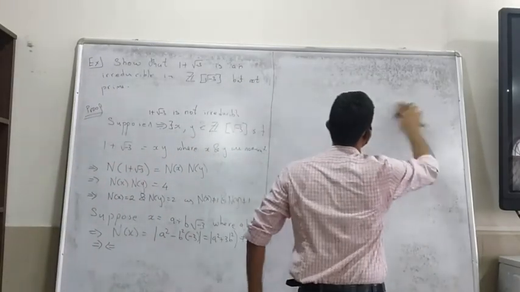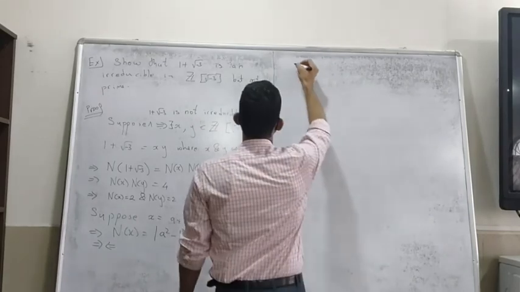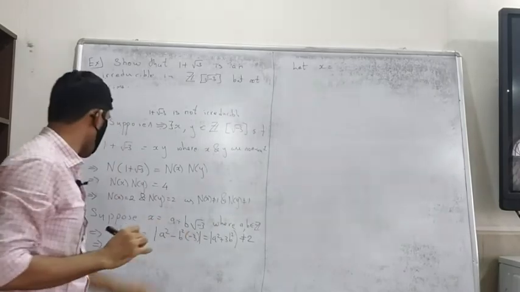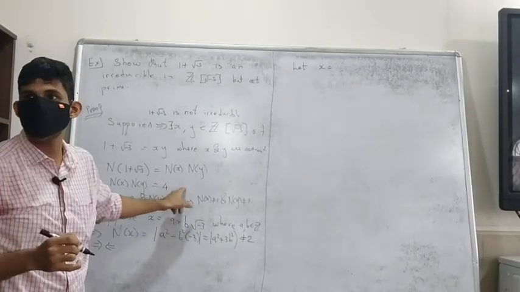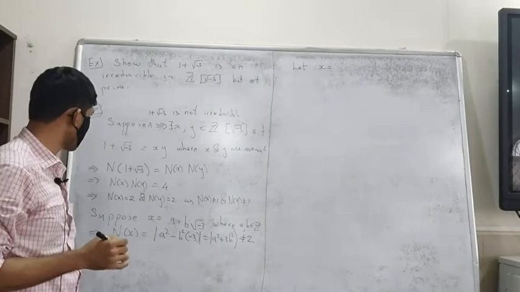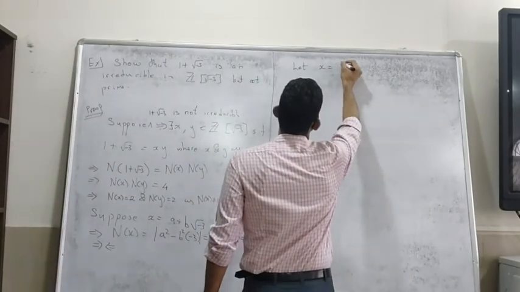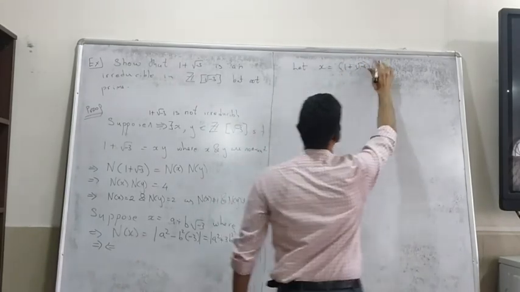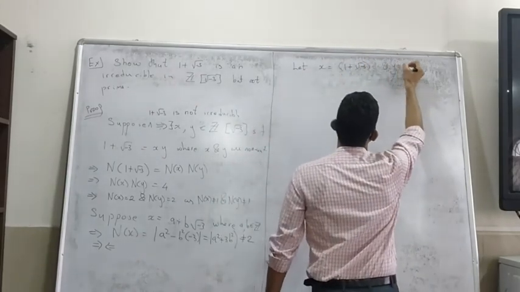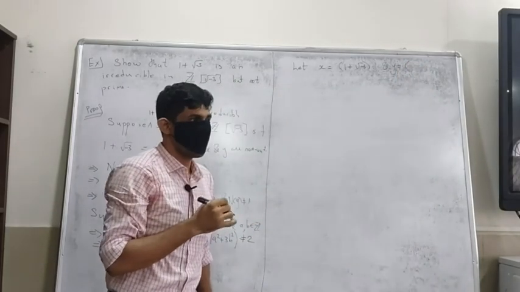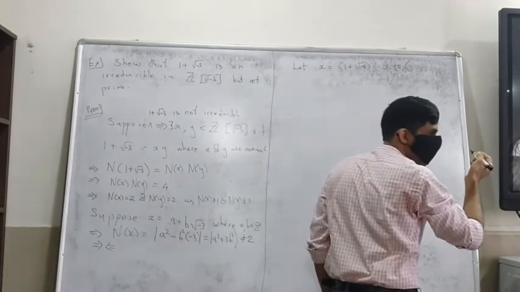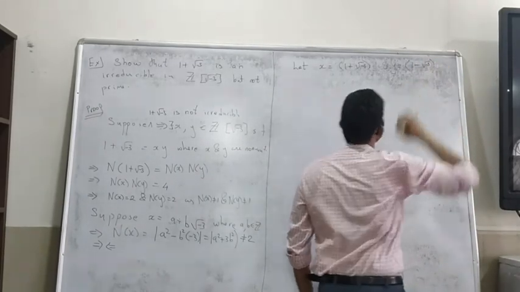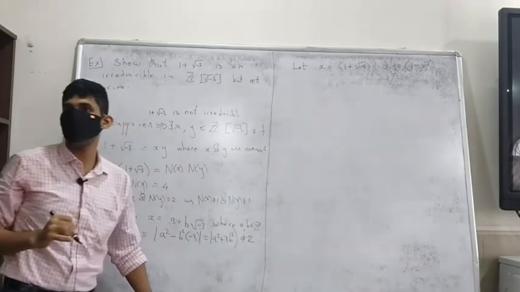So what you can do is you take x to be, okay, I am factoring 4. So the way you can factor 4 is 1 plus square root of minus 3, into 1 minus square root of minus 3, right? Because the conjugate will give you 4.